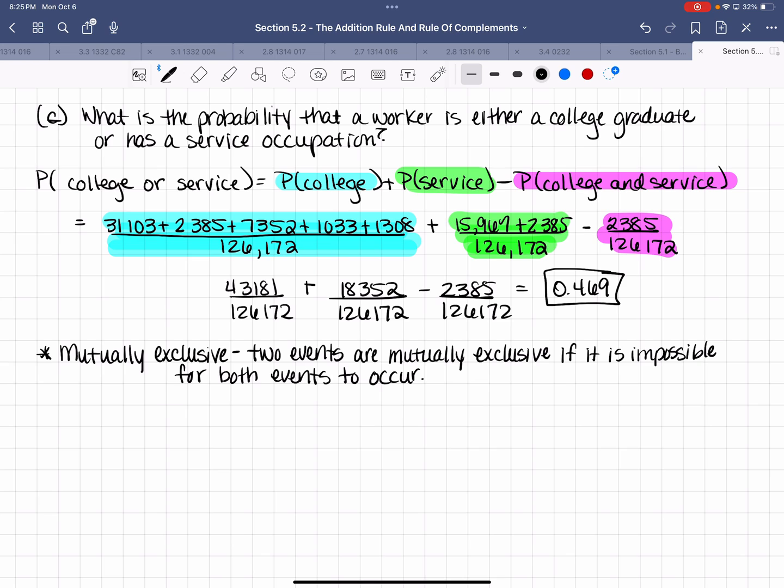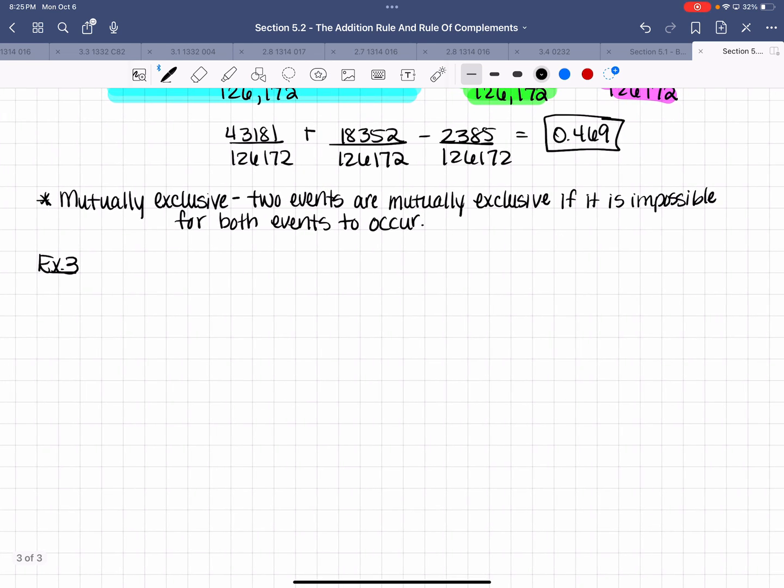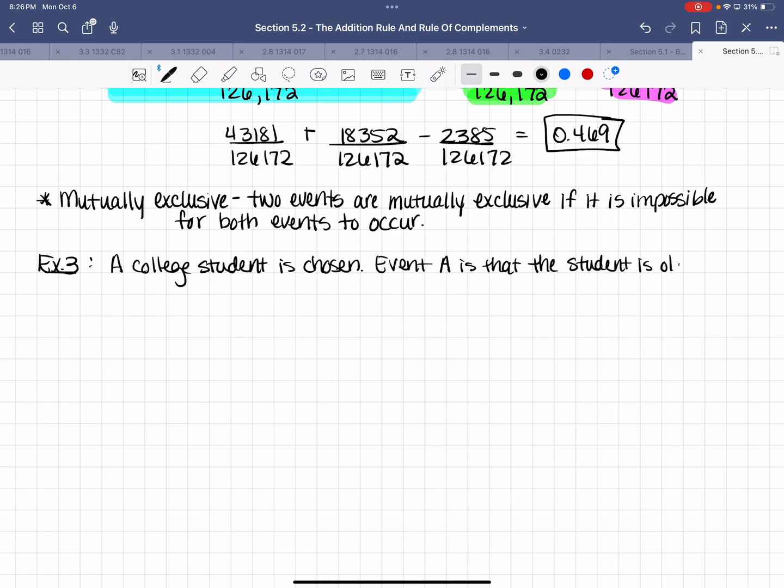All right, let's look at example 3. A college student is chosen at random. We're just going to say a college student is chosen. Event A is that the student is older than 21.